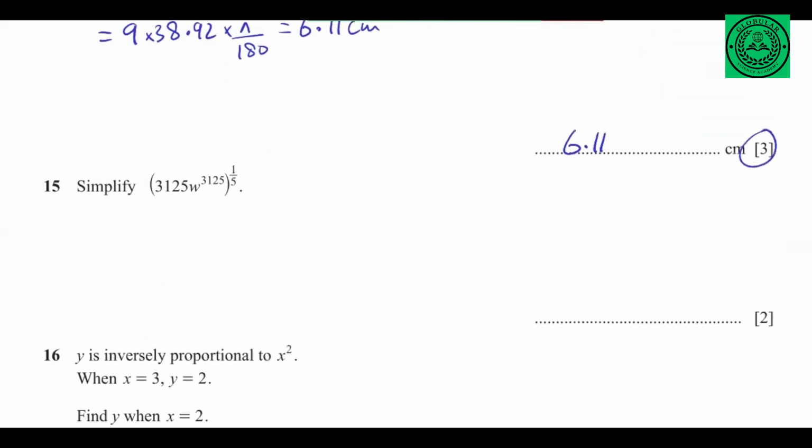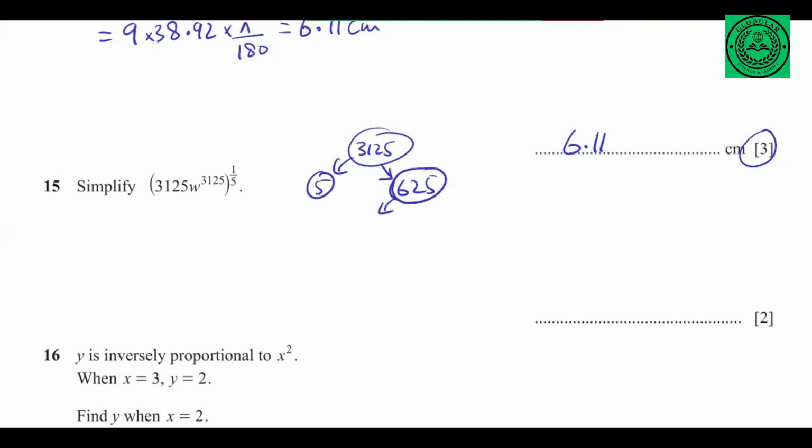Our second last question for today is we have to simplify this one. So let us first of all go through the prime factorization of 3125. 3125 can be written as 5 times 625, and 625 is 5 times 125, then 25, then 5, and 5.